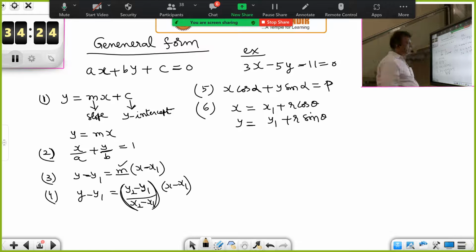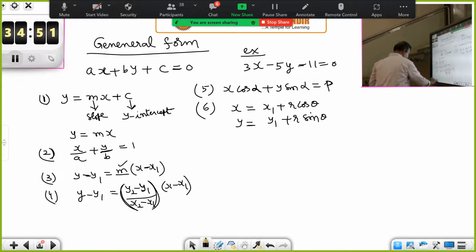Theta is the inclination of the line, which means tan theta is slope only. And r is the distance of any point x comma y from the fixed point x1, y1. R will be taken positive if you go upwards, and r will be taken negative if you go downwards. Okay, so that is what we do.